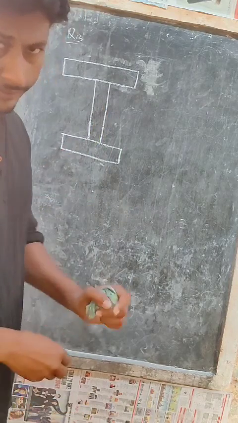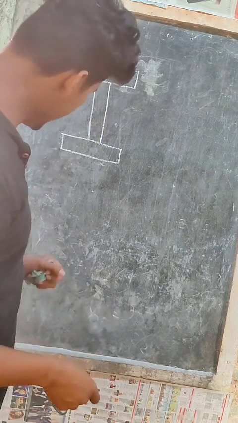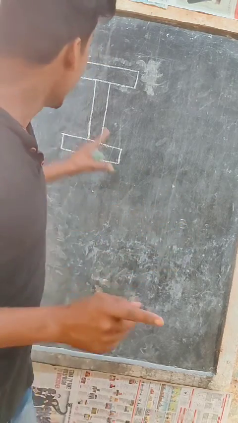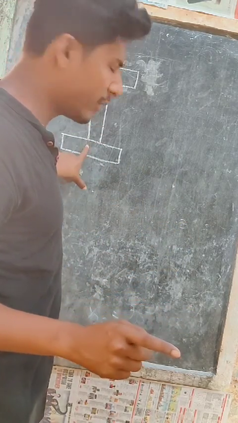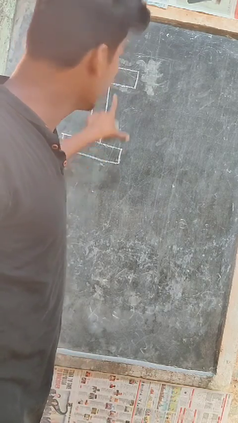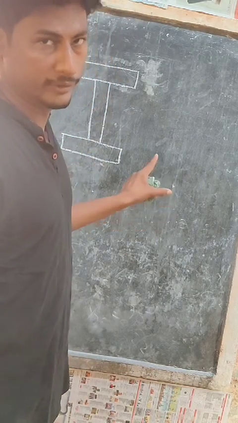This is the I section, and in this I section, I think this section has both planes, this is the top plane, this is the bottom plane, and this portion is called the web.